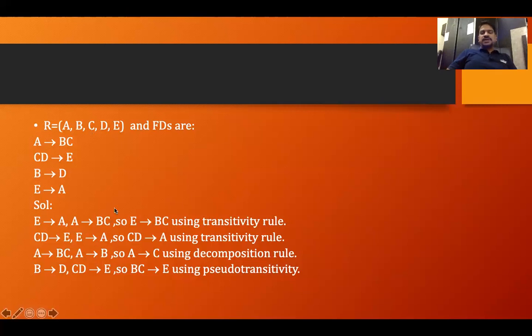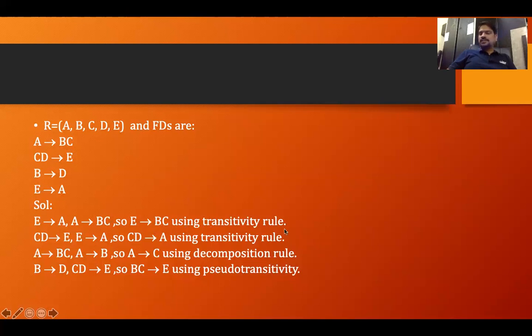Now, can we determine some more functional dependency by applying the rule? Here we are not talking about closure. We are just seeing that with the help of those inference rule, how we can determine some more functional dependency. So these are the functional dependency which is given. Now it says that E determine A, A determine BC. Can we say E determine BC? How we can say that?